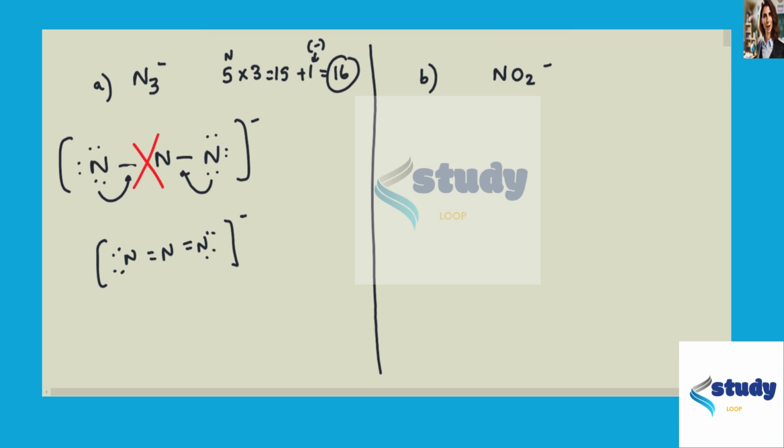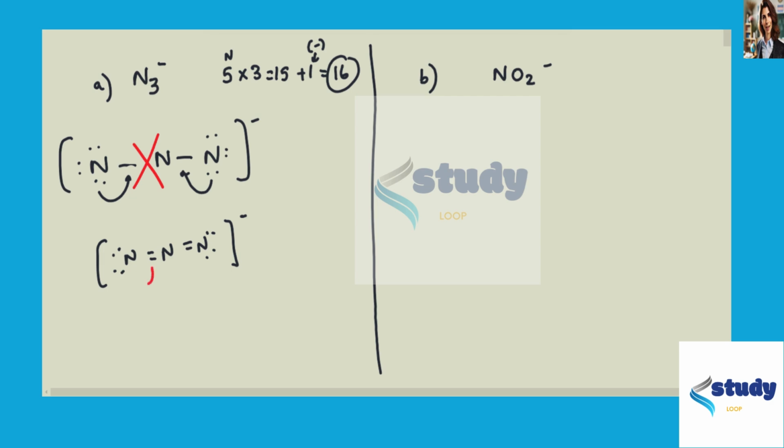Now, because we have 3 equivalent nitrogens bonded to each other, we can transition to other important forms by just moving one of the lone pairs into a double bond, to form a triple bond. On the other side, in order to not overload the octet of the central N, we need to compensate and move one of these pi bonds, one of these double bonds, back to a lone pair.